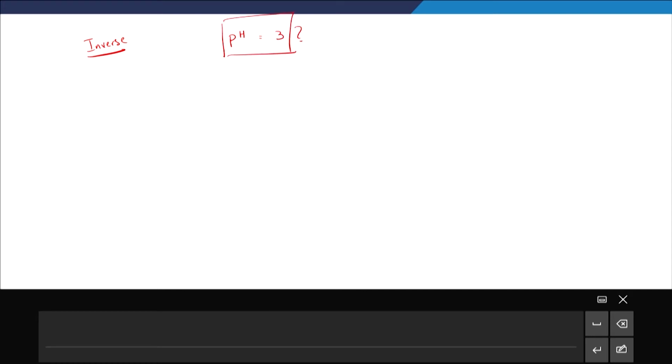So I want the pH to be 3 and I want to know how much HAC I need to put in initially to be able to get to a pH of 3. What is the concentration of HAC that needs to be added initially? So how do we go about this now? Again, it might seem relatively more complex, but it's just an issue of identifying the knowns and the unknowns.